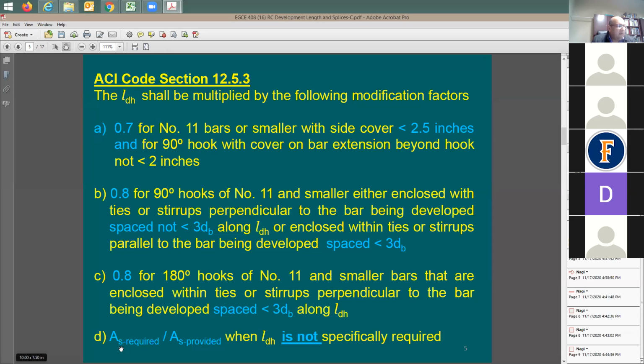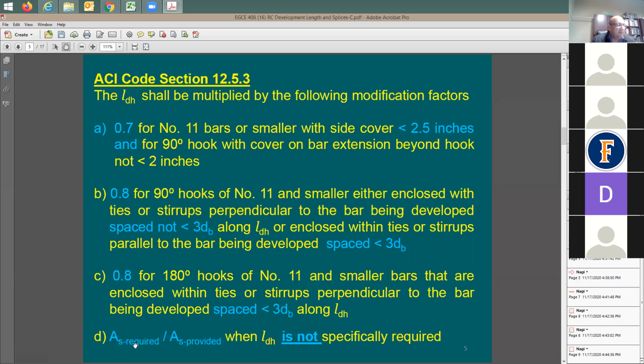Also, we have a similar factor when you have As required versus As provided, right? So you can have a reduction in the development length. Let's say that you need 5 square inches and you provided 6 square inches, which is very common. You really need to provide a little bit more rebar than what you really need, right? So the provided is most likely more than the required.